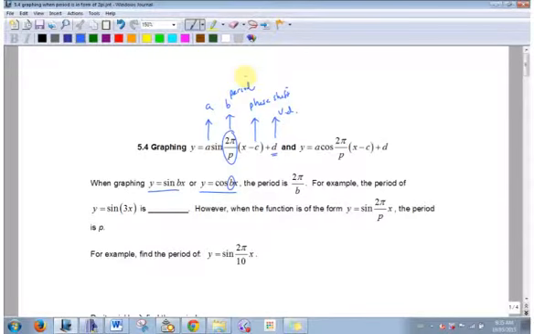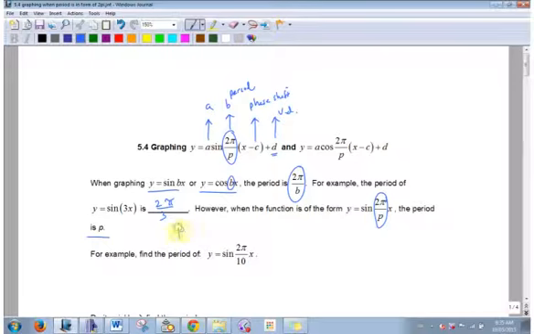So it looks a little different, but this is nicer. You like this better. You just don't know it yet. So that is the period. When plotting this, the period is P, and you're probably going, well, what? Just hold your horses. When it's in that form, the period is P. So what's going on?